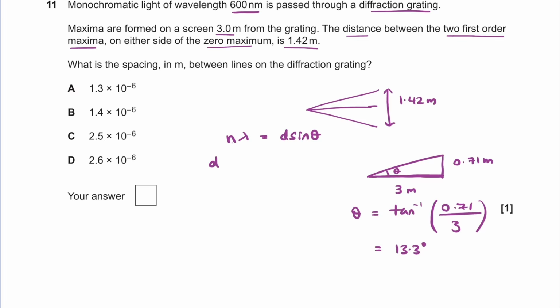Then d is equal to n lambda over sine theta, and we know that n is 1, lambda is 600 nanometers, so 600 times 10 to the minus 9 over sine of 13.3 degrees, which will give me D as the answer.